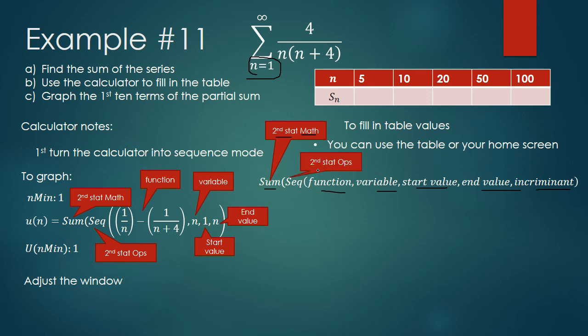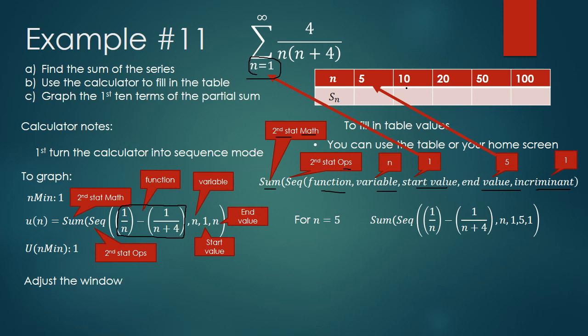To get the sequence, you press second stat and go over to ops, OPS, and then look for sequence. The function is this right here. This is your function. Be careful to use the parentheses. Your variable is n. Your start value comes from the n value that we start with up here. The end value I'm going to use in the table, and the increment is going to be 1. We want it to count by ones.